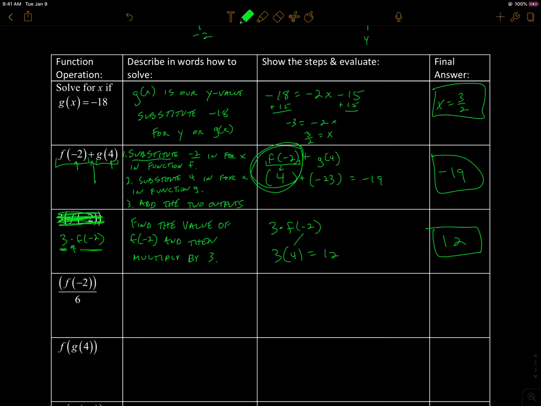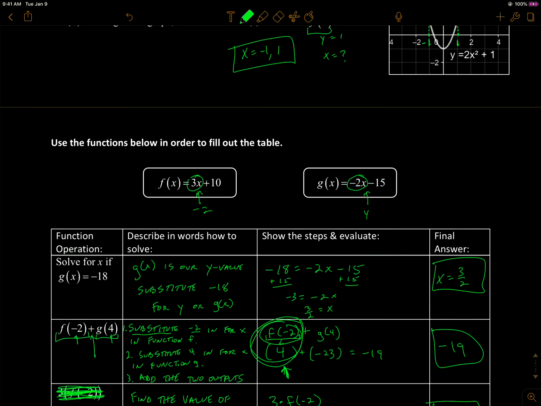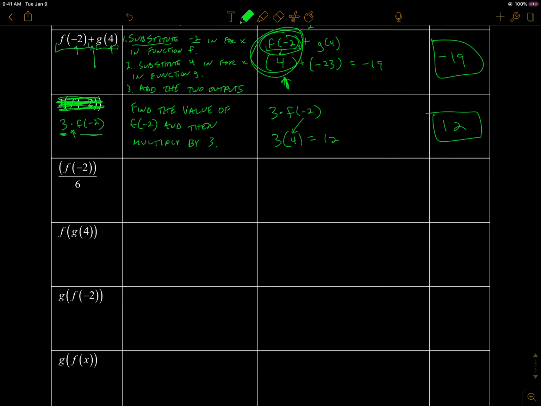How do I know f of negative 2 is 4? Because we already figured that out up here in this problem. We got that by plugging negative 2 in for x. We're going to rewrite this one. f of negative 2 divided by 6. So it's the same idea. We're going to find the value of f of negative 2 and then divide by 6.